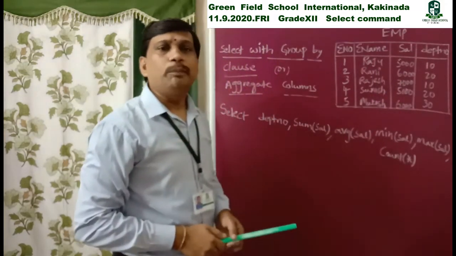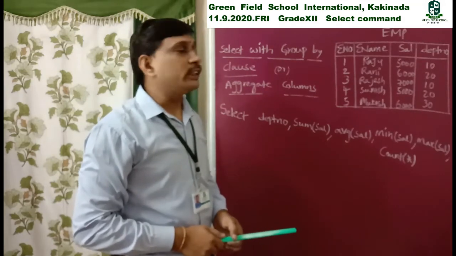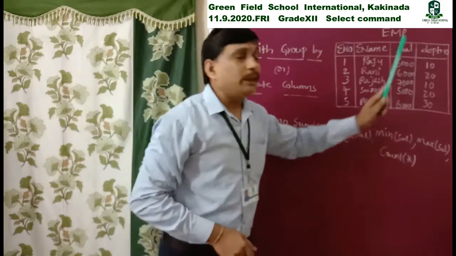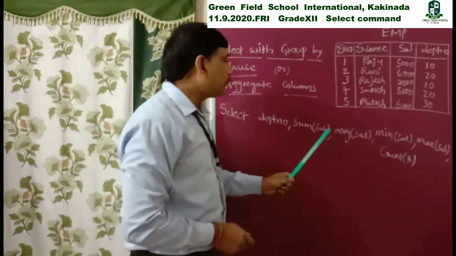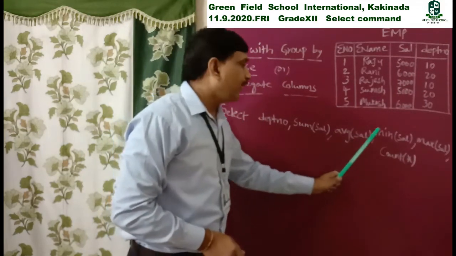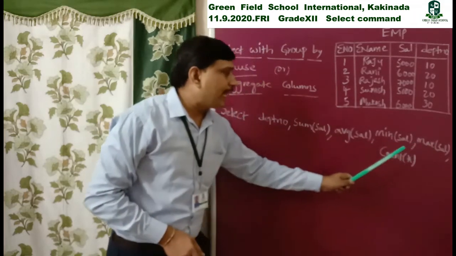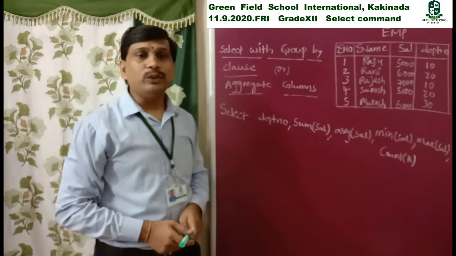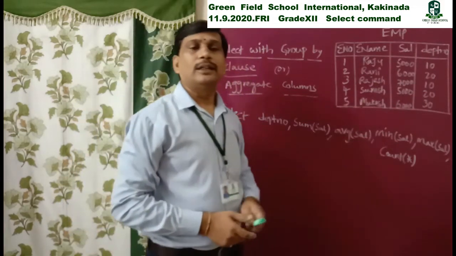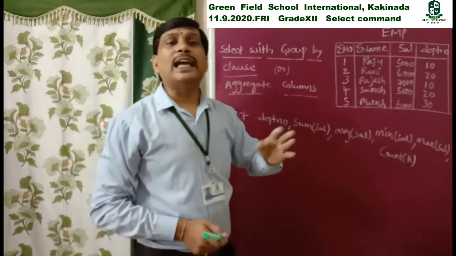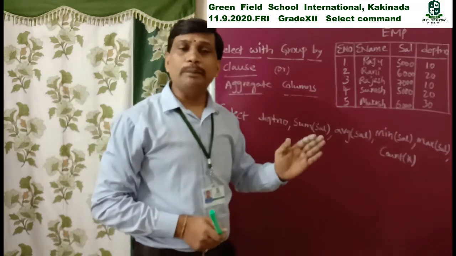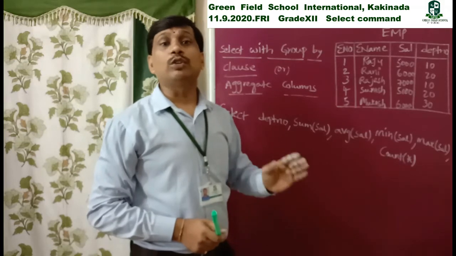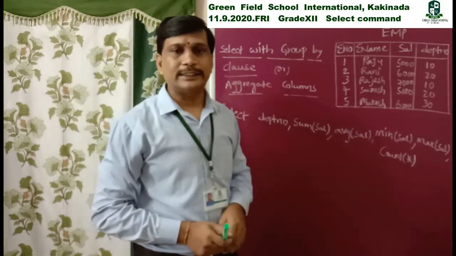See how I divide this single unit table by using the grouping column, department number. Why am I choosing department number? I calculate sum of sal, AVG of sal, min of sal, max of sal, count of star by using department number. The 10th department has 2 employees with different salaries.